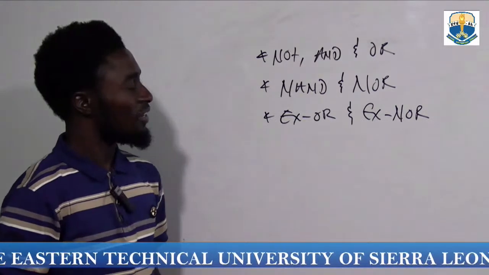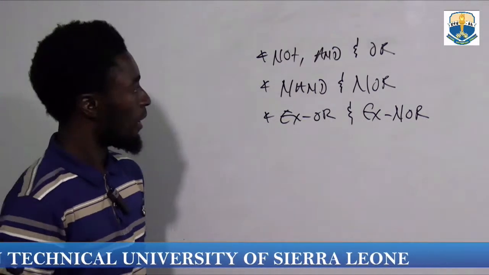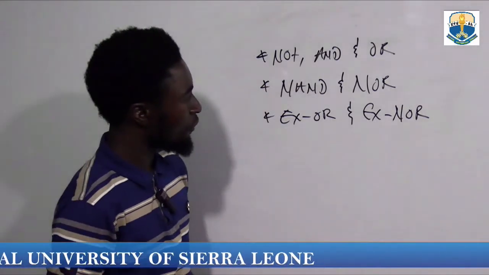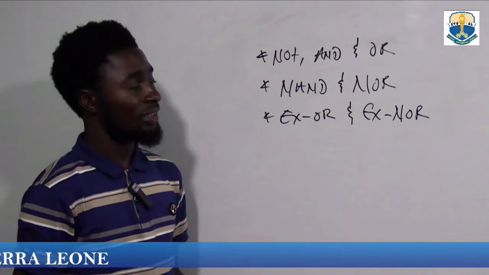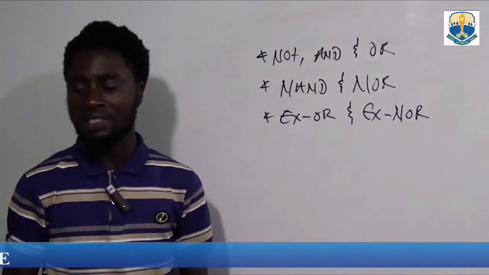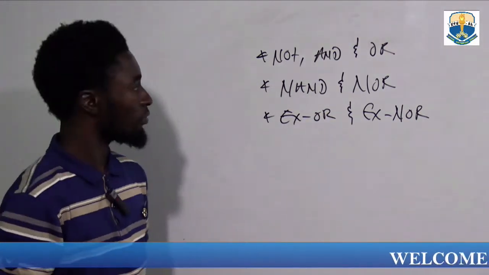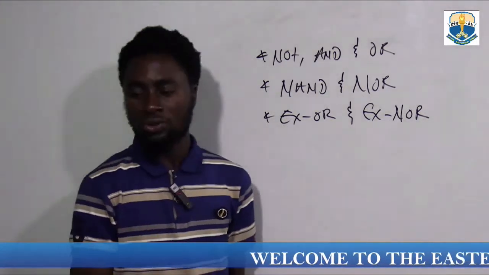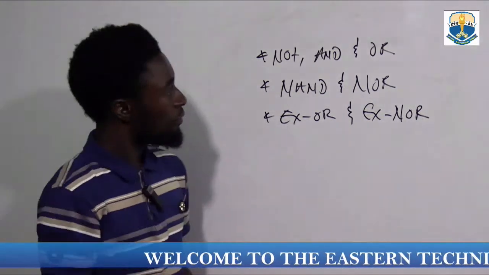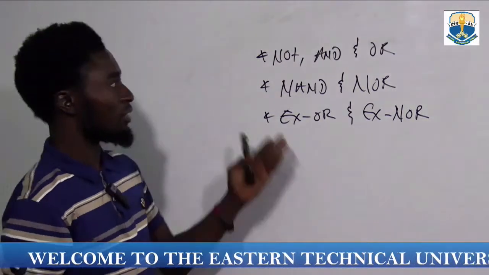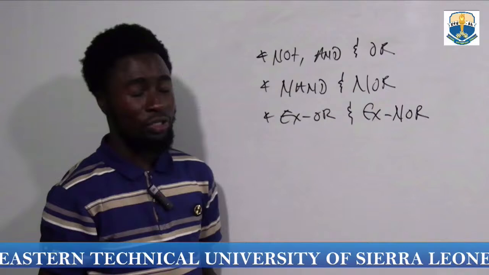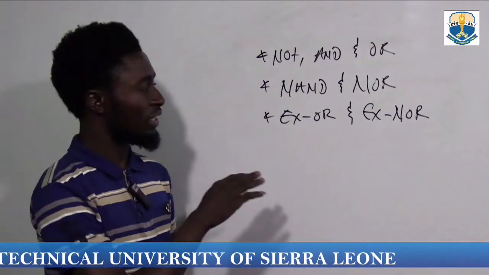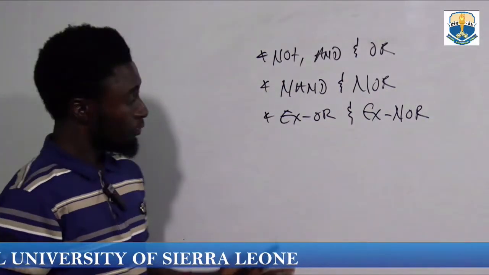So now let's see those various gates and how they can be represented in a truth table. For these lectures, I will still draw the various gates, starting with the basic gates, through the universal, and to the special gates.